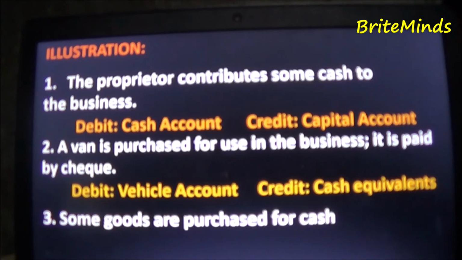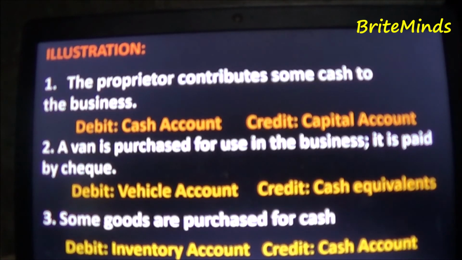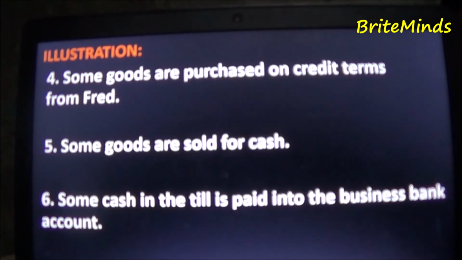So the debit will be the inventory account because it increased the assets of the business entity. And then the credit will be the cash account, because the cash was used in purchasing the goods.